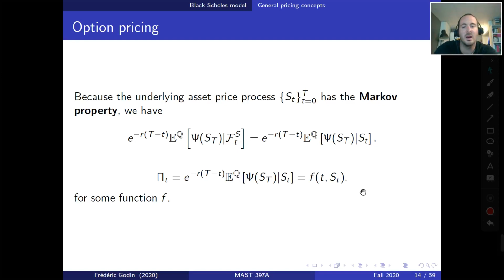Okay, so this is why the price is a function of two quantities in that model. The price is a function of the time. Of course, as time varies, the price will vary, but it's also a function of the current stock price in the market.